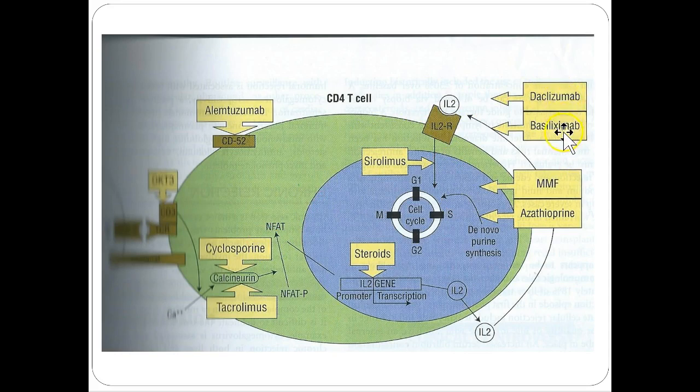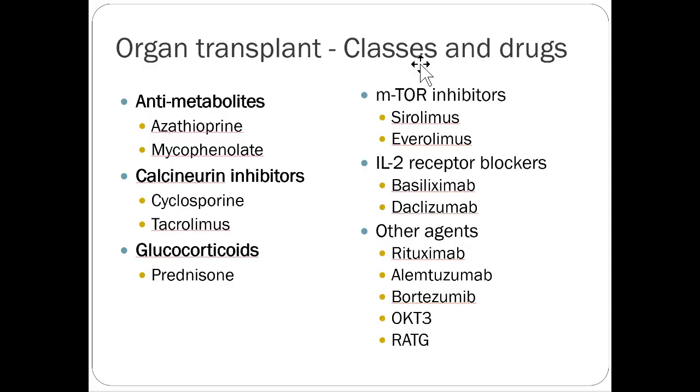But things like the MABs and OKT3 are more about preventing rejection if somebody is undergoing rejection, a more aggressive approach, and also might be used in the immediate phase of induction before transplantation. And we'll talk about that briefly as well.